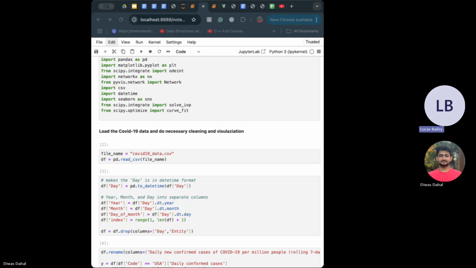Then we used network analysis to evaluate the effect of different topologies like small world, random, or scale-free networks on the spread of disease. We validated our model using real-world COVID-19 data, specifically from the United States and Canada. Finally, we simulated and analyzed how the underlying network structure affected the epidemic spread.